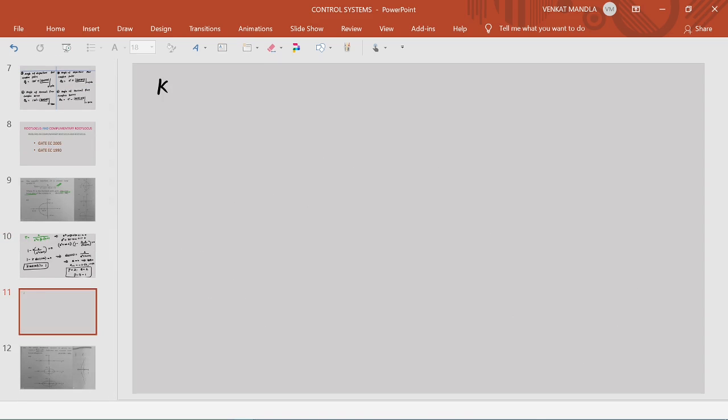Now the question asks to draw a root locus plot. What is the definition of the root locus? The gain K should be varied from 0 to infinity. This forward path K should vary from 0 to infinity, that is, here K is positive.